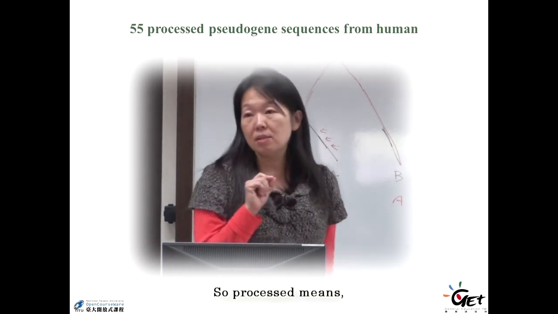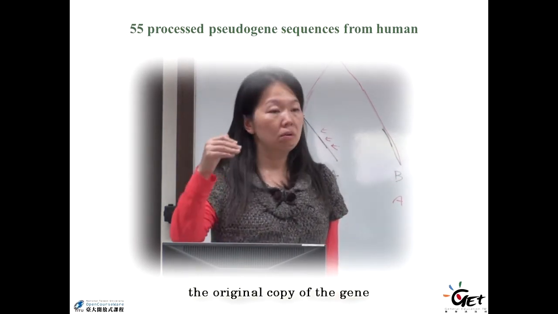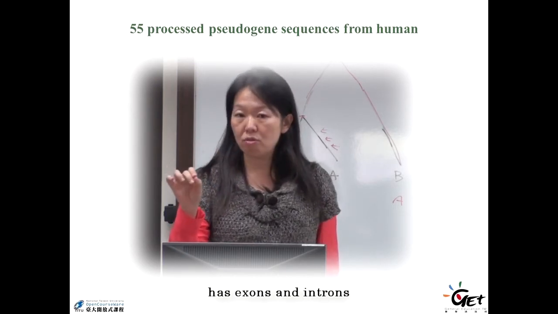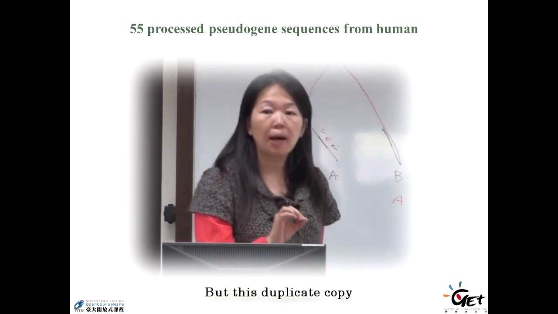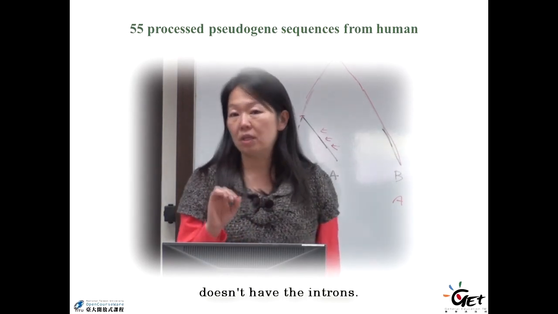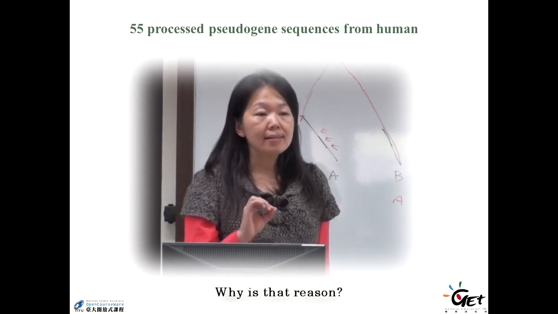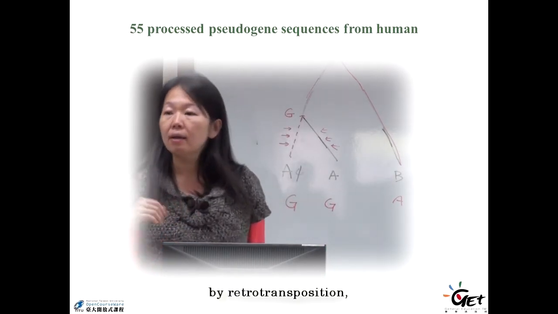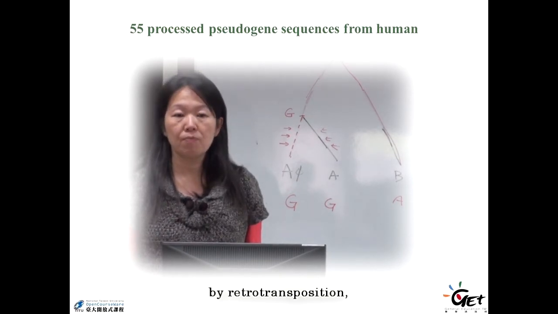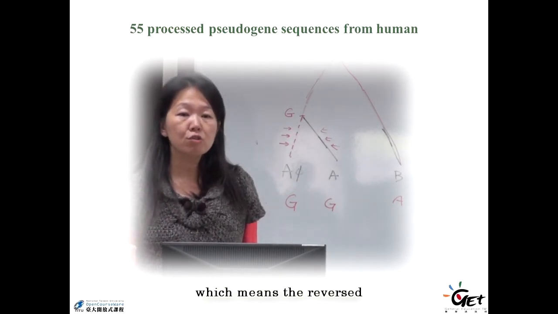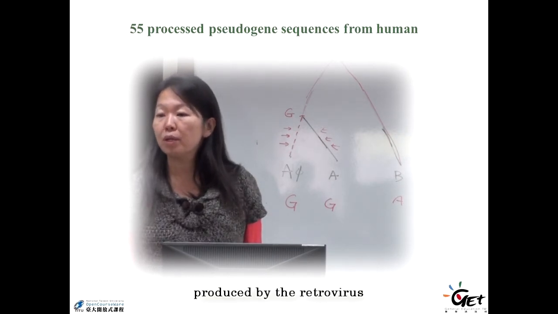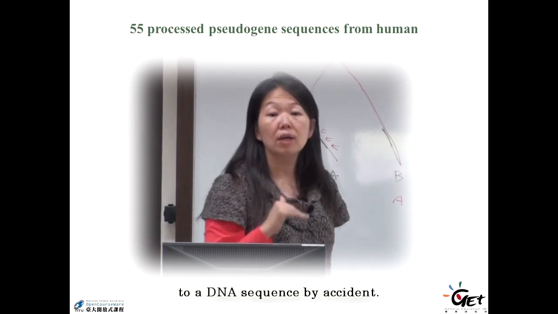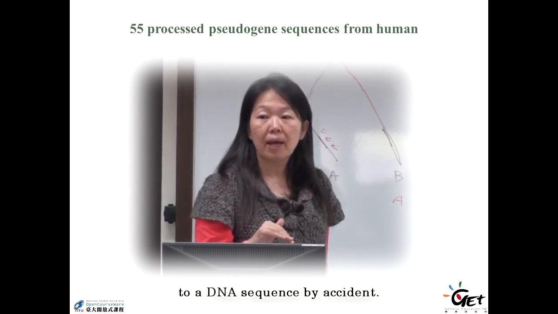Processed means the original copy of the gene has exons and introns, but this duplicate copy doesn't have the introns. What is the reason? Because this gene originated by retrotransposition, which means the reverse transcriptase produced by the retrovirus converts the messenger RNA in the cell to a DNA sequence by accident.